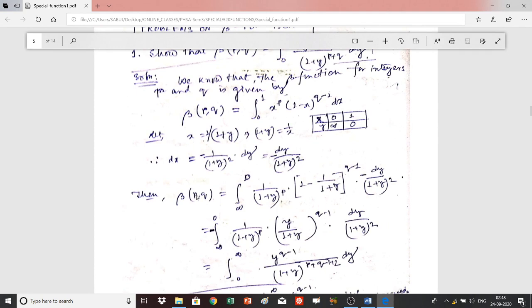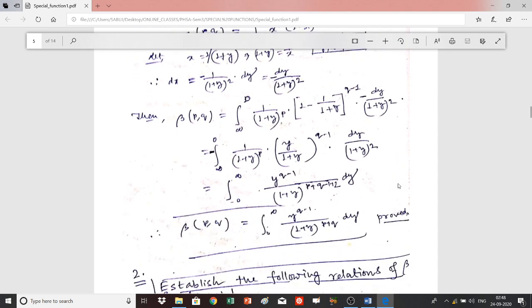So now substitute the value of x and dx in this equation. So beta p,q is equal to the integral from infinity to 0. Then the value of x to the power p is 1 by (1 plus y) to the power p, and then 1 minus x, that is here 1 minus 1 by 1 plus y, to the power q minus 1, and then the value of dx, that is minus dy by (1 plus y) square.